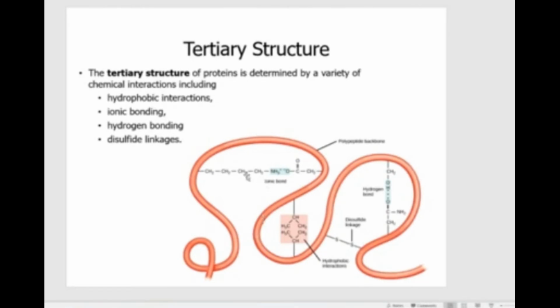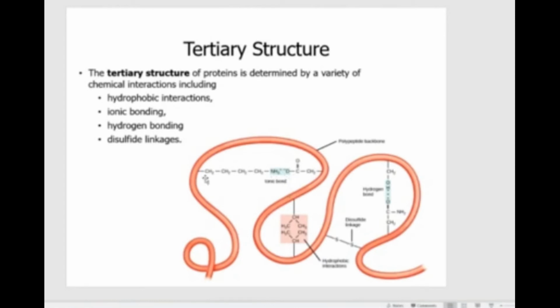Now that's all because of the chemical reactions between the amino acids, specifically between their functional groups, the side chain R groups. I'll give you an example. Over here you have an ionic bond, right? If you have this R group and a different R group over here, the amino group carries a positive charge, and the hydroxyl group carries a negative charge.